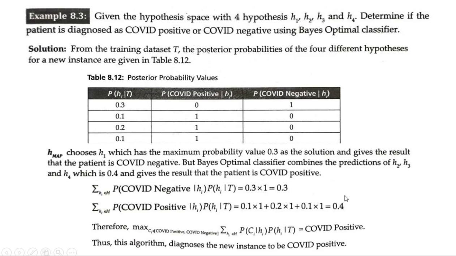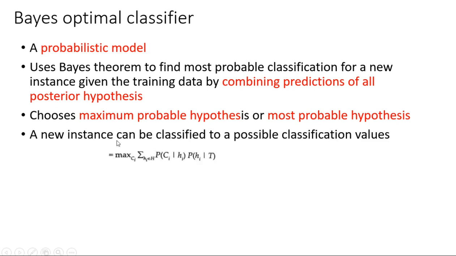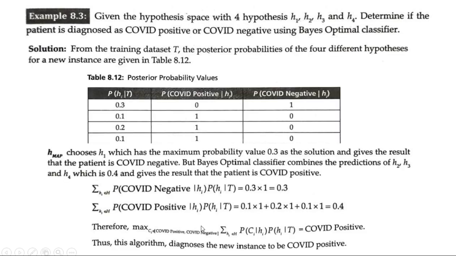Out of these two, 0.4 is more than 0.3. This is the Bayes optimal classifier formula which I discussed in the previous slide, so you take the maximum value, which tells you which class it belongs to, COVID positive or COVID negative.